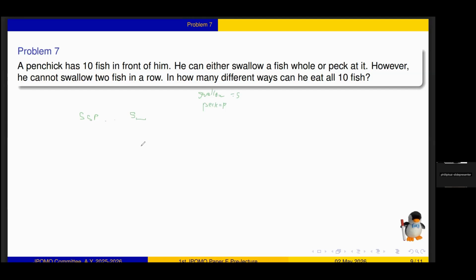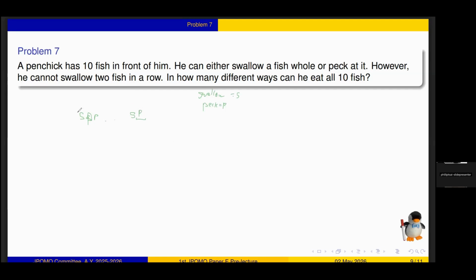Can it be S or P or both or none? Yeah, it has to be a P. Why? Because he cannot swallow two fish in a row, right? In order for the Penchick to not swallow twice, this must be a P.